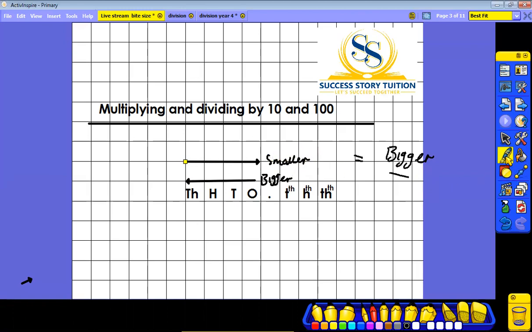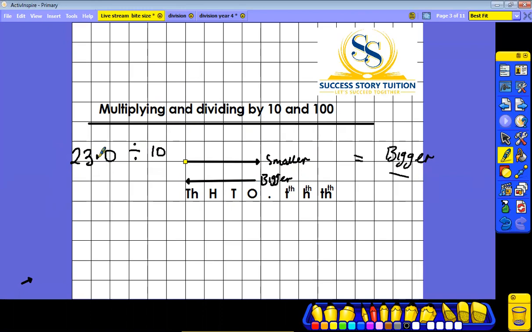Okay, let's have a look at the next question. This time around, let's go for 23.0. Interesting. 23.0 divided by 10. The first thing we need to do is write the number down in our place value grid.